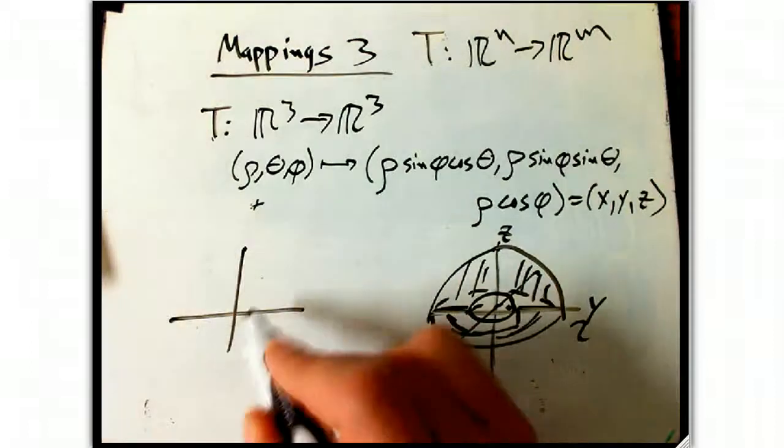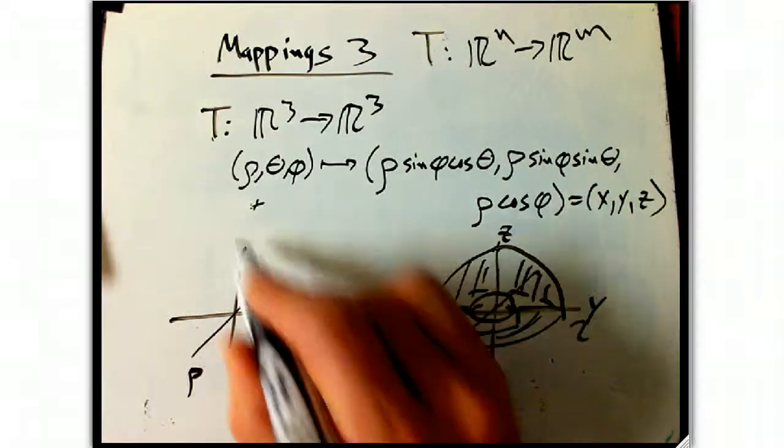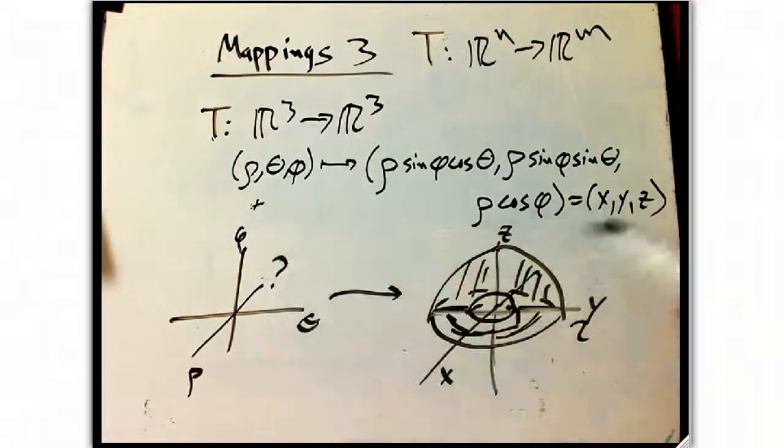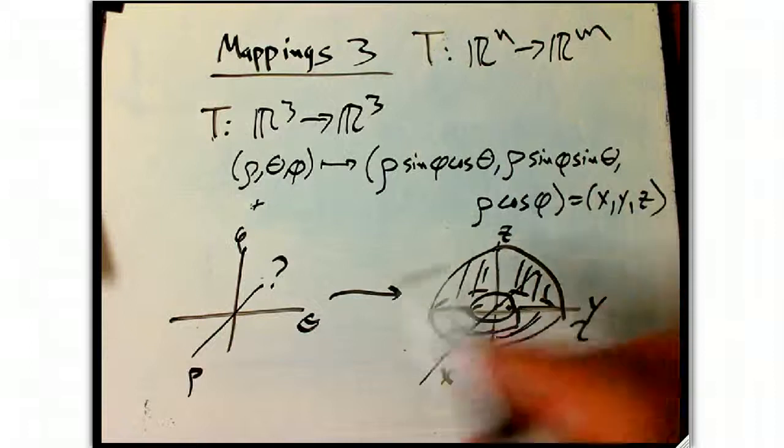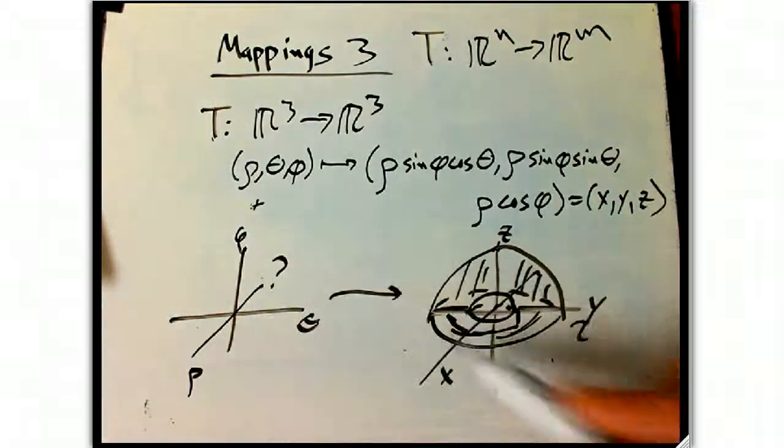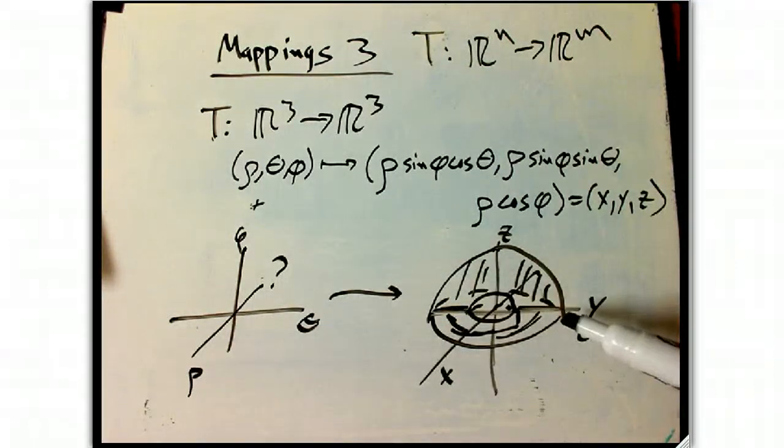What's the region in rho theta phi space that corresponds to that? That really corresponds to finding the rho, theta, and phi that sets up that region in spherical coordinates. I'll skip that example because we're pretty familiar with doing that right now.